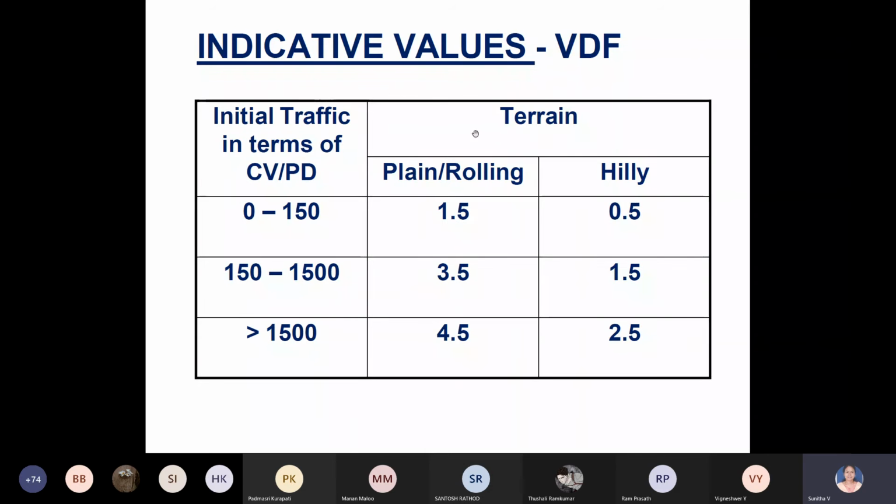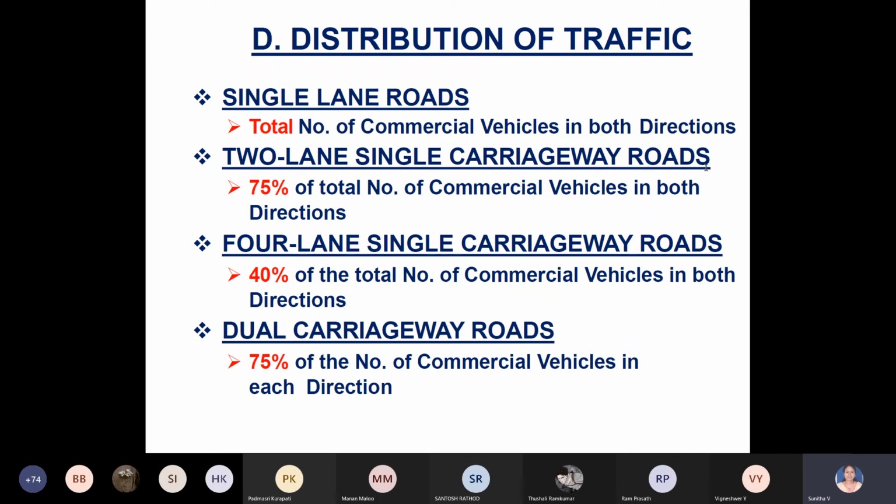If it is hilly terrain, take it as 0.5. If the traffic is 150 to 1500 commercial vehicles per day, then in plain or rolling terrain 3.5 and in hilly terrain 1.5. If the traffic is greater than 1500, in plain or rolling terrain it's 4.5 and in hilly terrain it's 2.5. That's about the VDF.